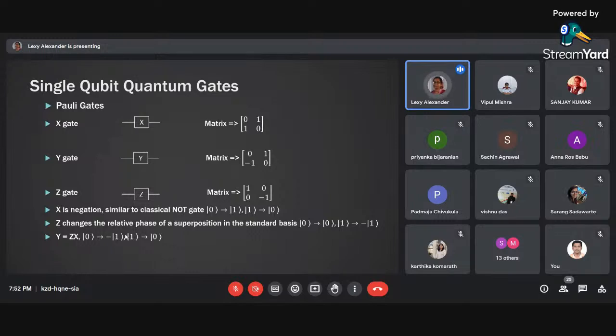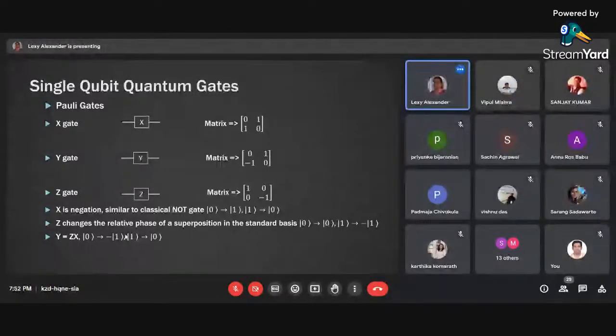This matrix is a unitary matrix, so it is a valid quantum gate. Now the next one is the Y gate. Its representation is like this in the quantum circuit, and the corresponding matrix is 0, -i, i, 0. This is again a unitary matrix. And for the Z gate, the corresponding matrix is 1, 0, 0, -1.